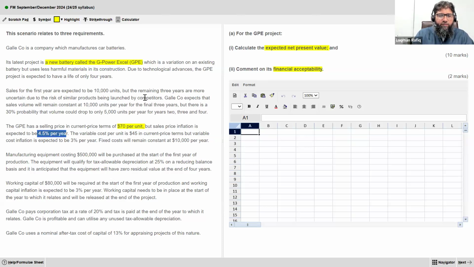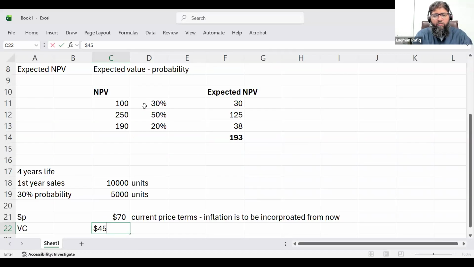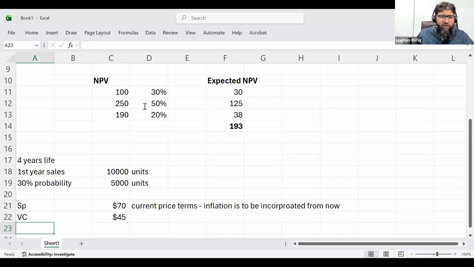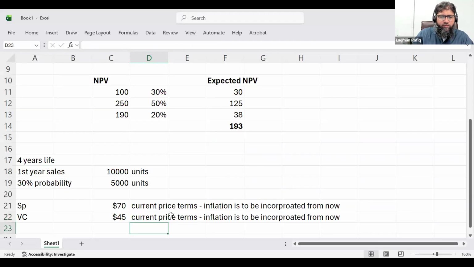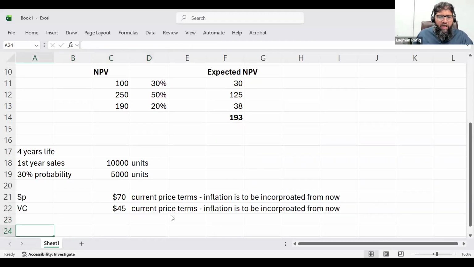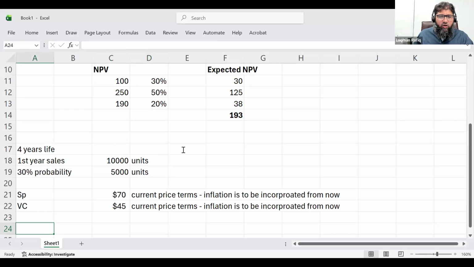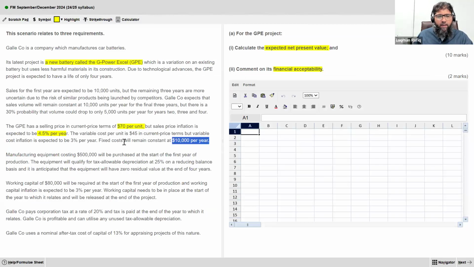The variable cost is $45 in current price terms, but variable cost inflation is expected to be 3% per year. Then the fixed cost will remain constant at 10,000 per year.